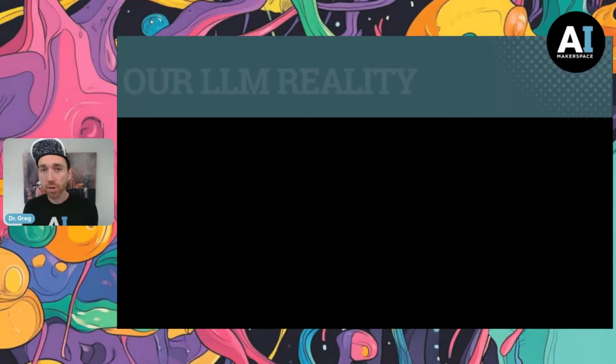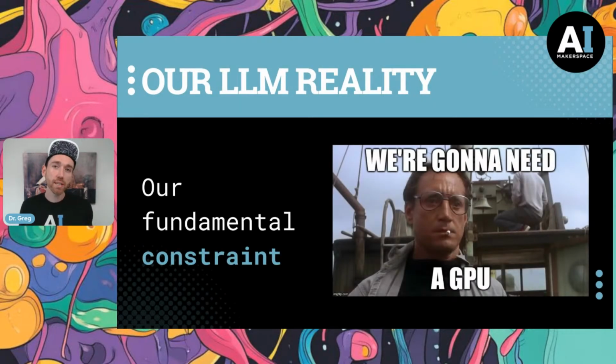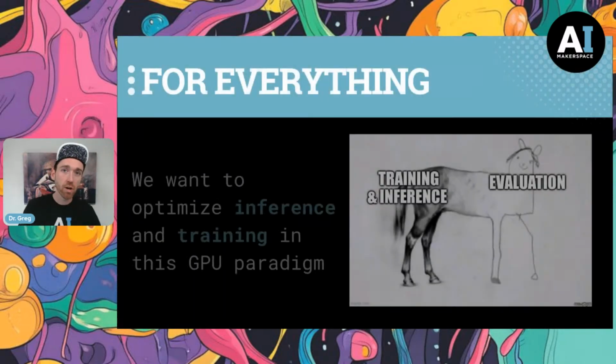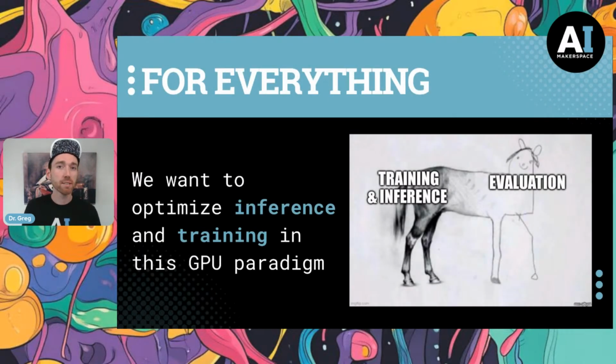We want to stay rooted in the idea that when we're dealing with LLMs, they're very big. We have to run them on GPU so we can accelerate the inference or the training that we're doing with them. So all of the quantization techniques that we might look at are going to be within either a training or an inference paradigm.